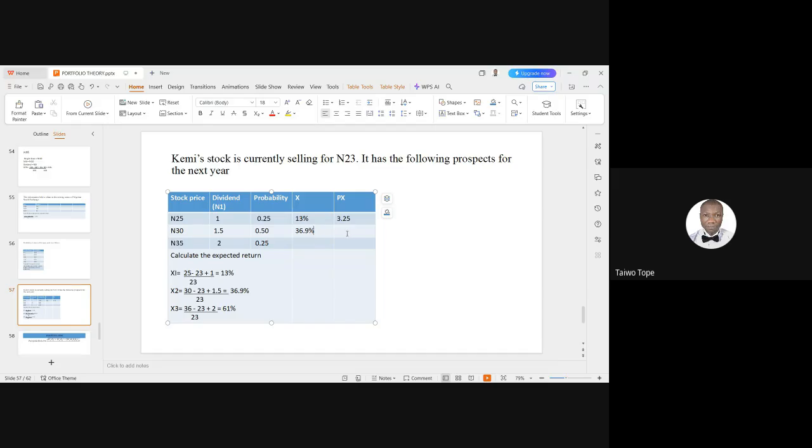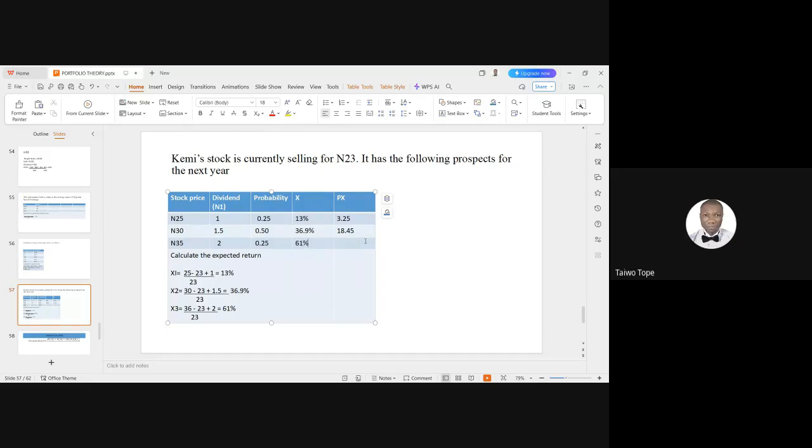Now, 0.5 multiplied by 36.9%, we're going to have what? 18.45. So when this is X, what is our return here?